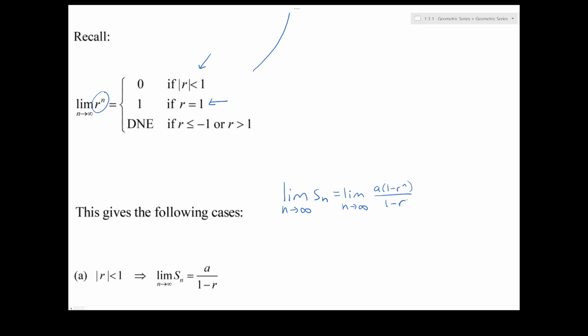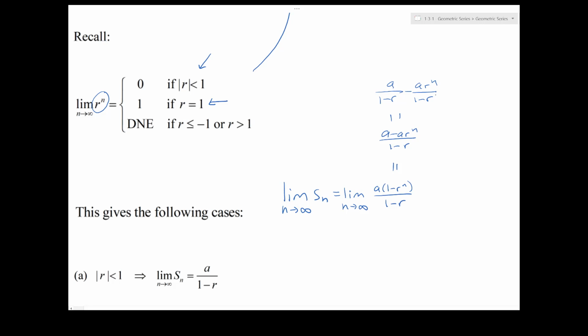Okay, now we just look at that limit. We already know it from before. If the magnitude of r is less than 1, then r to the n goes to 0. Of course, this expression inside the limit is the same as a minus ar to the n over 1 minus r. So really there's two terms there, and that's the same as saying a over 1 minus r minus ar to the n over 1 minus r.